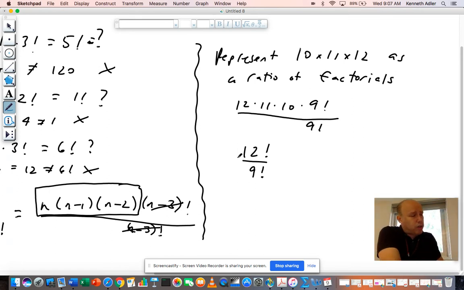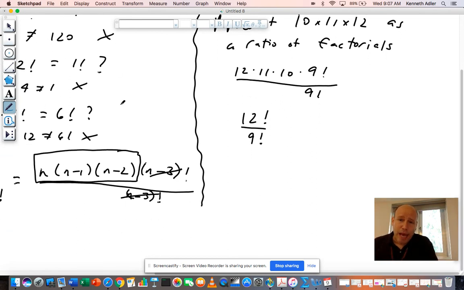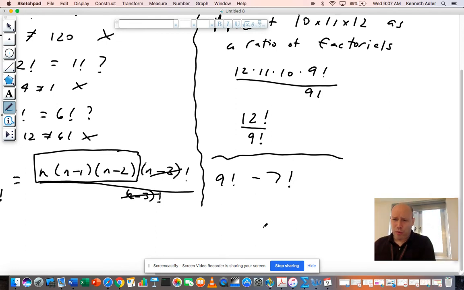Once again, what else can we do with factorials? Not much, but we can introduce older topics like factoring. For example, you might get the question 9 factorial minus 7 factorial. You might say, well, I don't want to do all those computations. Can you do this without a calculator? If this ever shows up, you look at it and see that both have the same term.